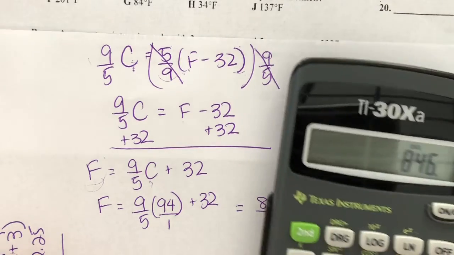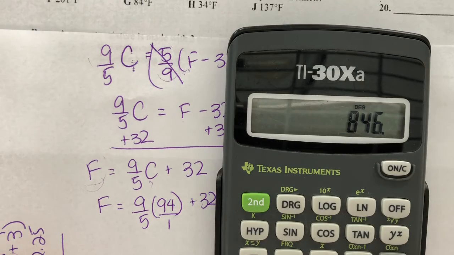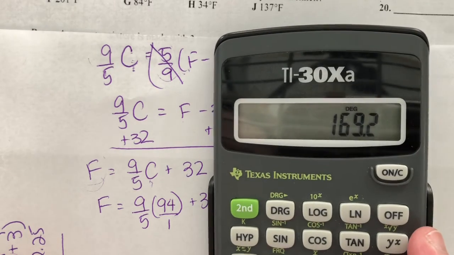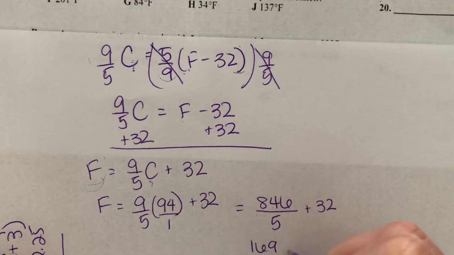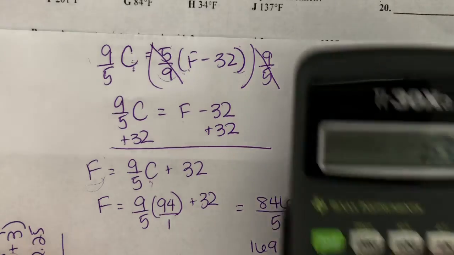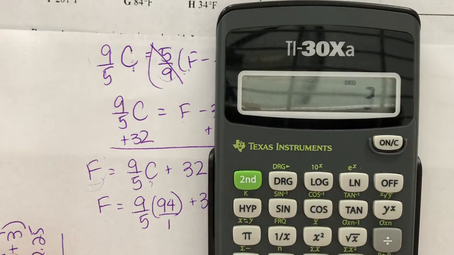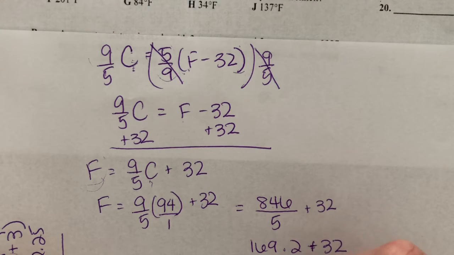If I divide 846 by 5, I get 169.2. 169.2 plus 32 equals 201.2.